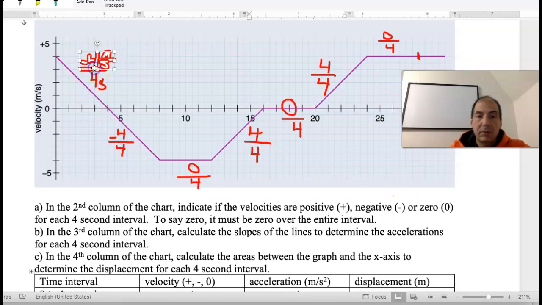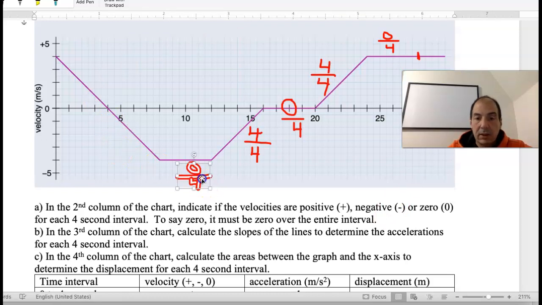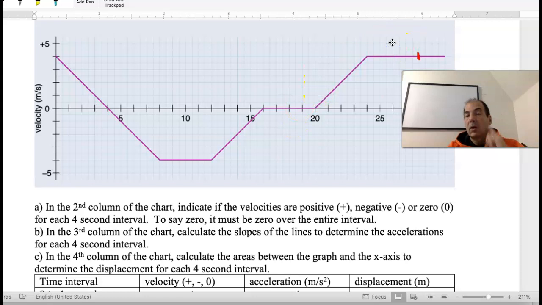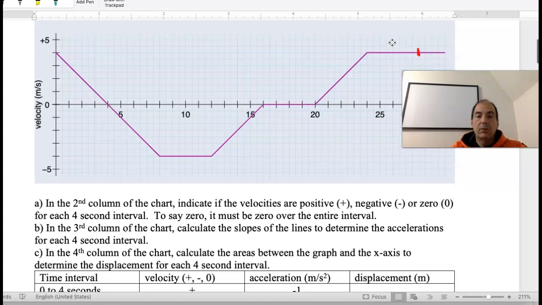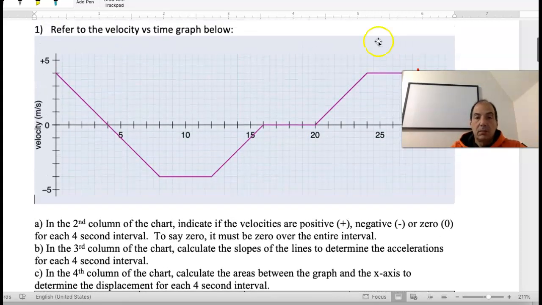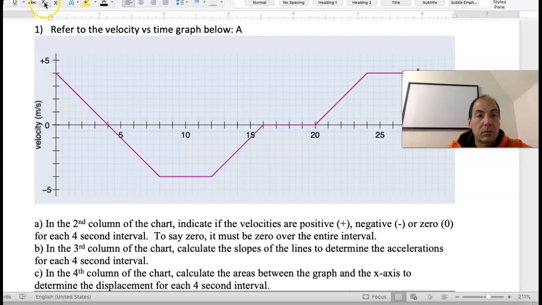I'm going to delete these so I can now go in and talk about my next stage, calculating areas. All right, so actually, before I switch back to my draw function, let's just write area of triangle equals 1/2.